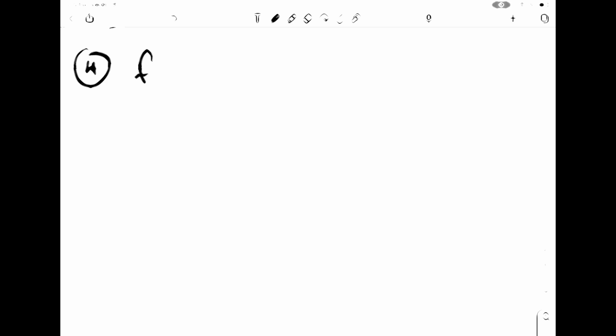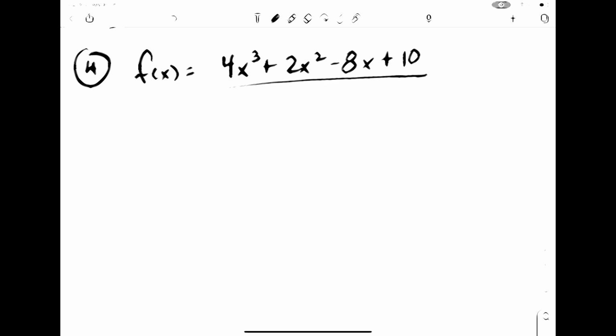If I give you something like this, our function is equal to 4x cubed plus 2x squared minus 8x plus 10, all divided by 2x. Well, I have to understand if I have a single monomial, this is a single term in the denominator, I can divide it into each and every term up here.